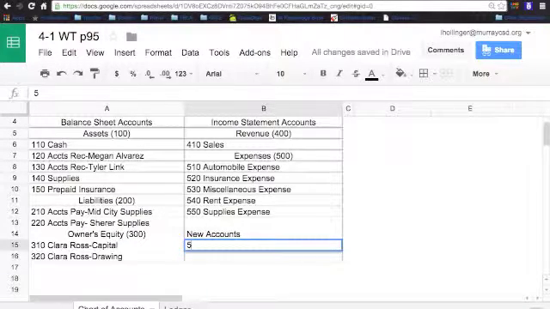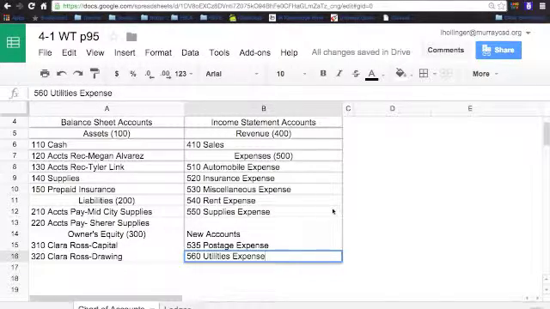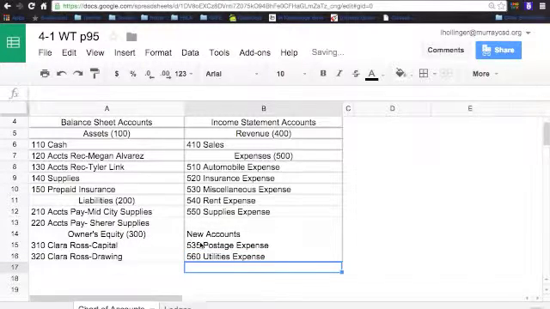So I'll give this number 535 and call it postage expense. The other one that they wanted to add was utilities expense. Utilities expense would fall down here underneath supplies expense. So since it's the last one, I'm just going to skip on up to the next 10 and give it a 560 number. So that's adding my new accounts.